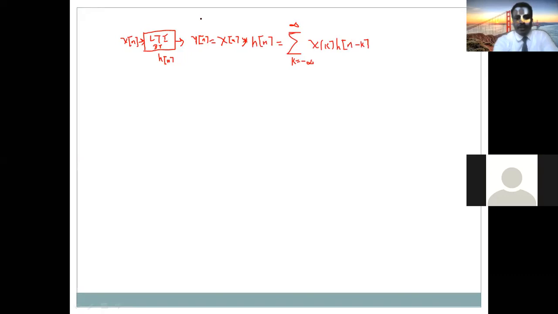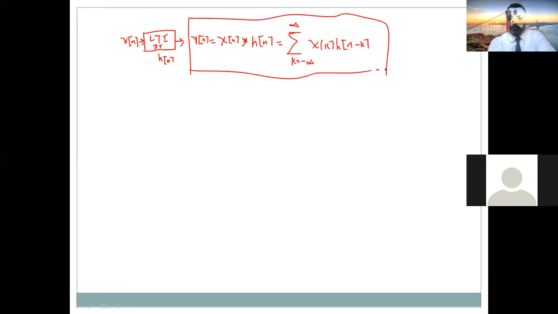So this is the convolution sum formula we discussed last week. We saw one example last week, if you remember, of how to solve this convolution sum formula.